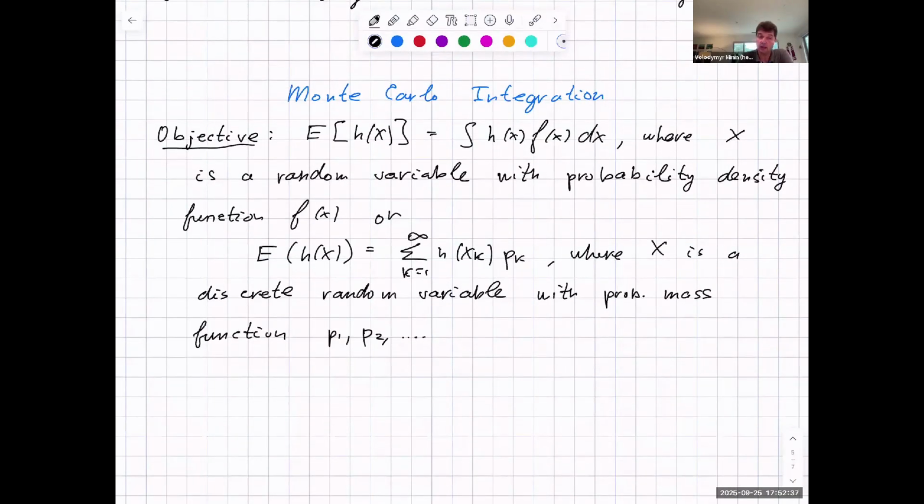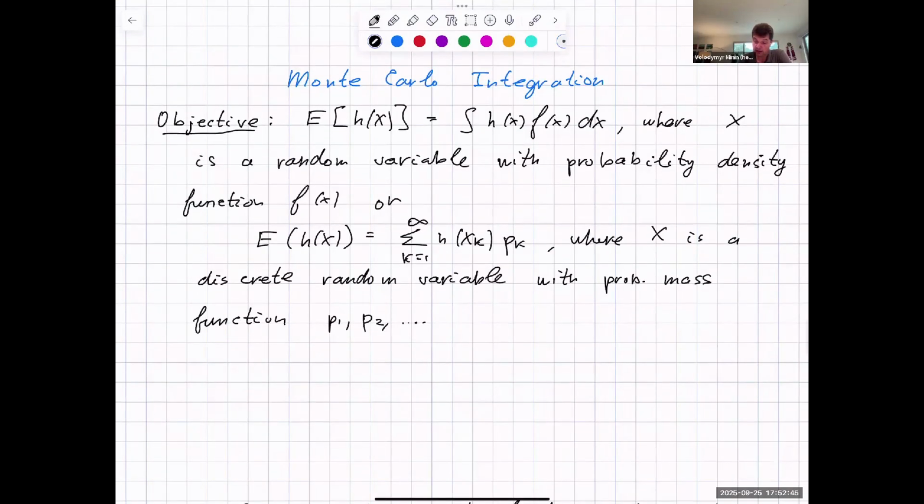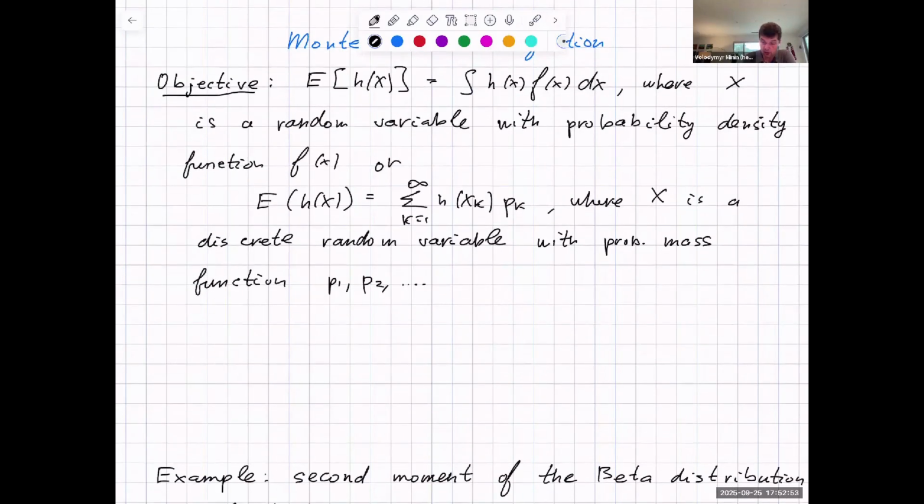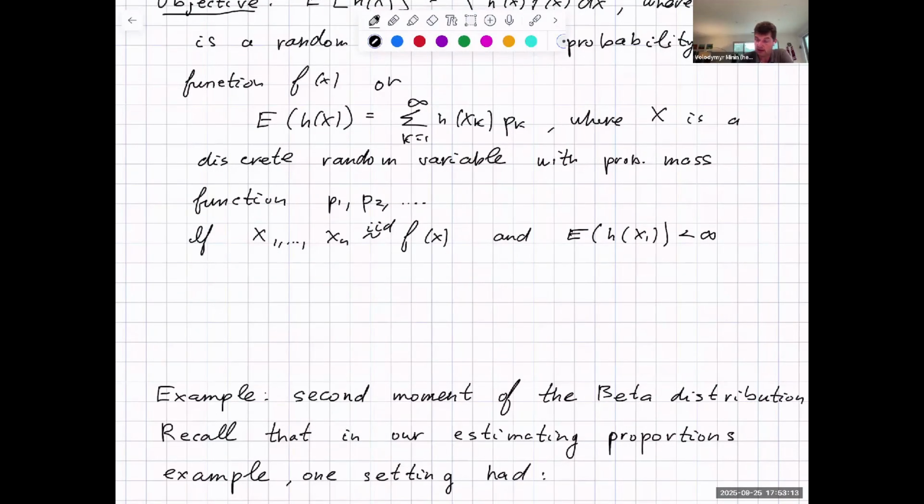Monte Carlo integration basically says, if I have an integral, maybe an expectation, and I want to estimate it, whether it is discrete or continuous, I can produce random realizations X_i from a distribution with density f of x, where the expectation of h(X) is less than infinity.